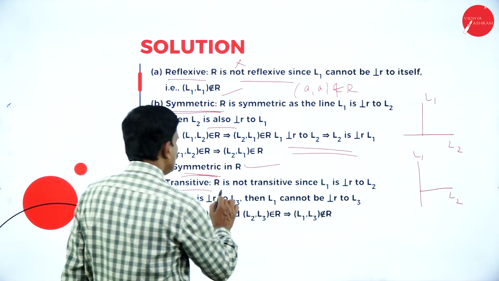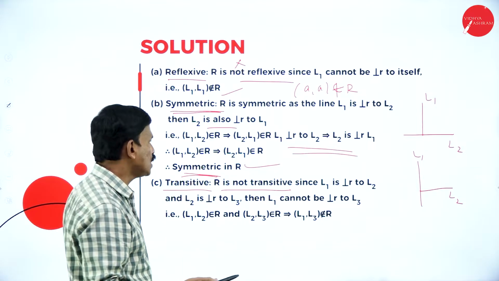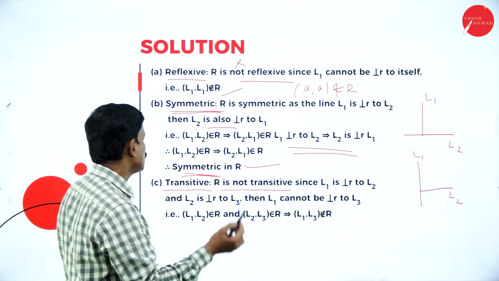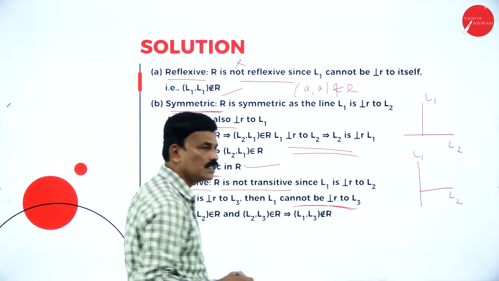See here, R is not transitive because if the line L1 is perpendicular to L2 and L2 is perpendicular to L3, then L1 cannot be perpendicular to L3, right?